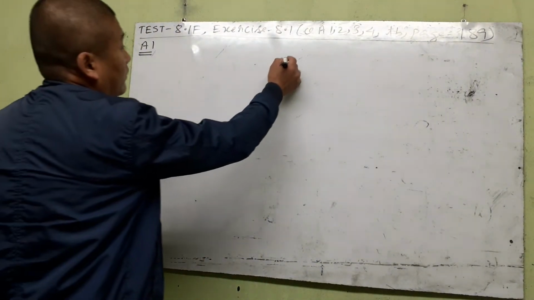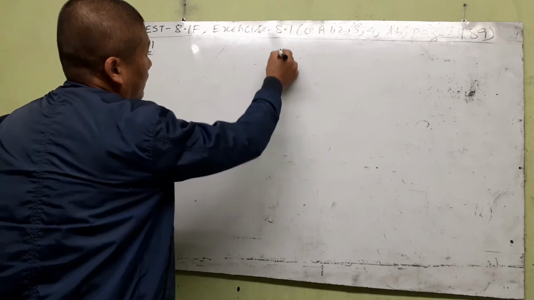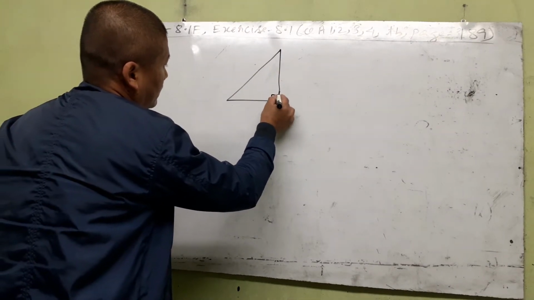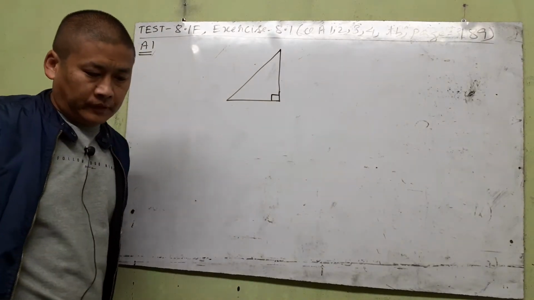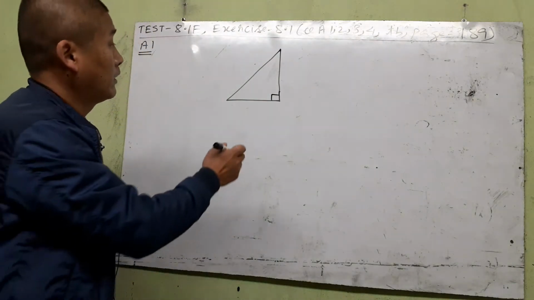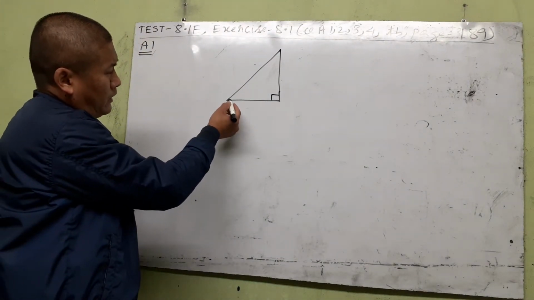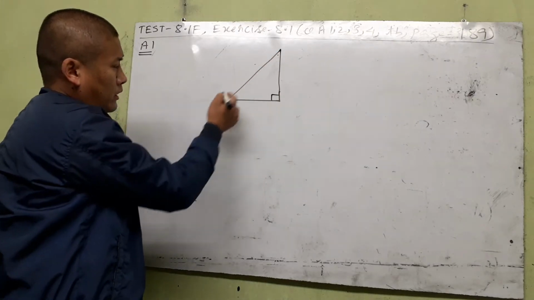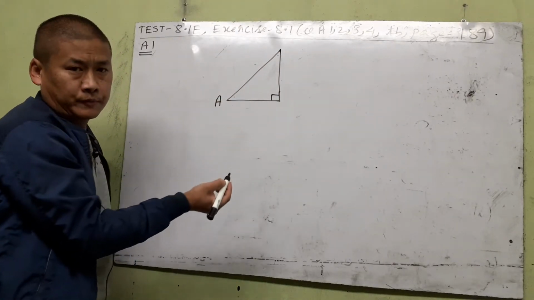So here we need a triangle, so let us draw one. Let us suppose a right triangle, right angled at this point. Since the angle involved is capital A, we have to put that A either here at the acute angle point or at the other acute angle point. We can put it here.